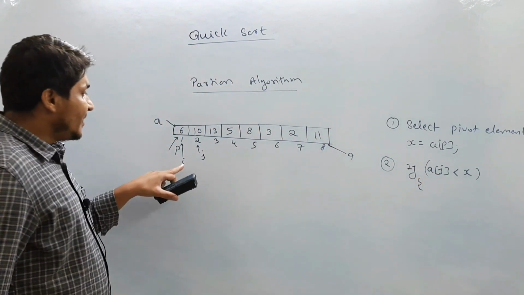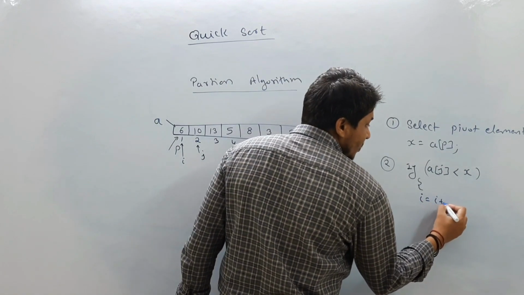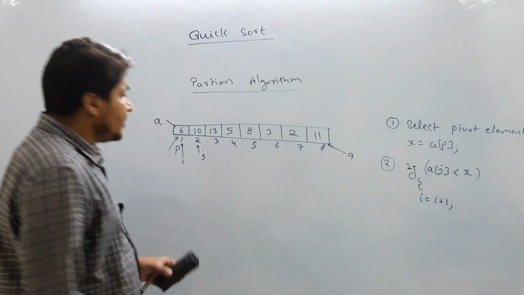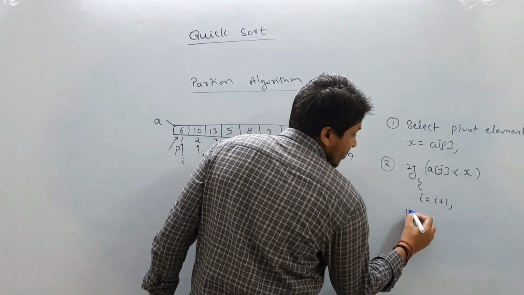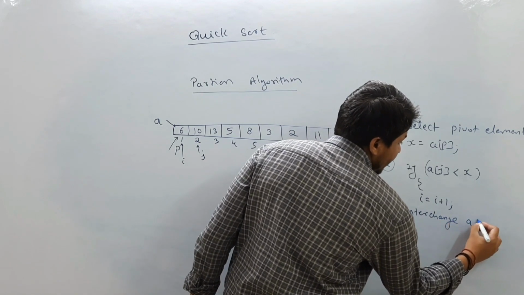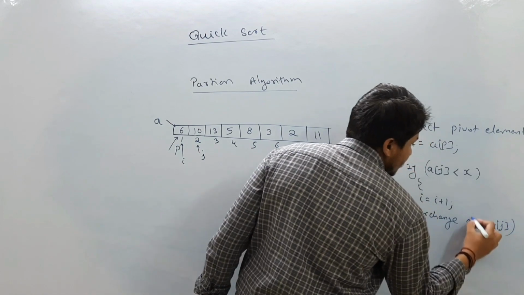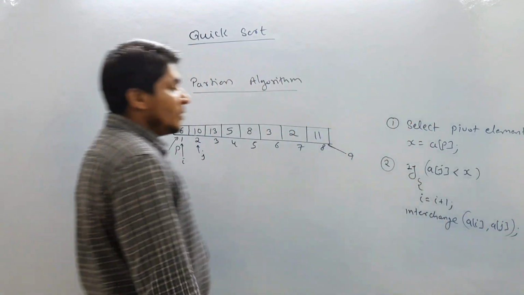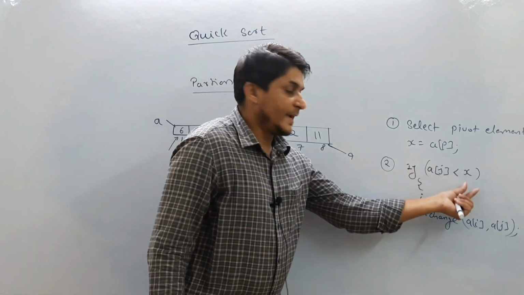First we increment the value of I, so I equals I plus 1. Then we immediately interchange the value of A of I and A of j. These two steps we need to perform if A of j is less than x.